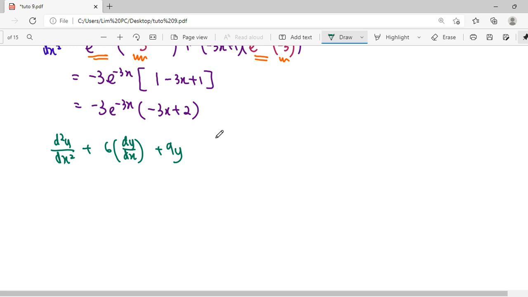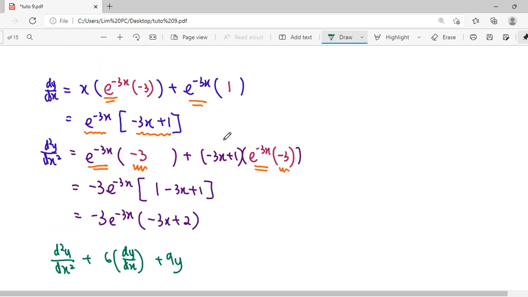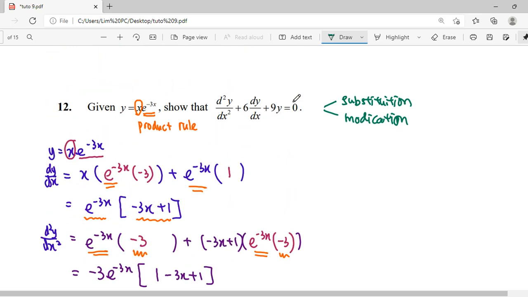If you write your part equals to 0, it means you are not showing; you're directly using the equation already. You're applying something, which is a different concept from showing something. Showing something means you have to do your calculation to obtain completely this part, and then it completely equals 0. That will be the part of showing.